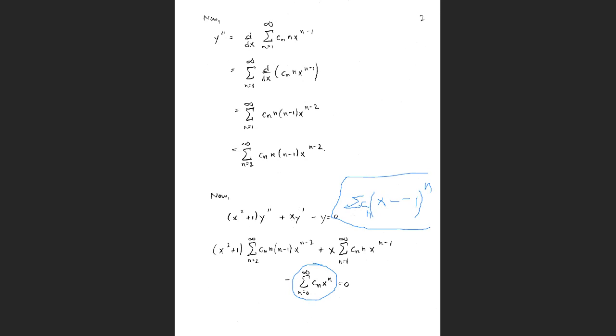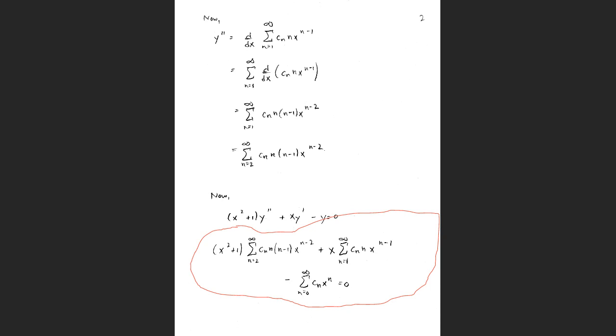All right. Now we have an equation with power series in it, and of course we want to combine the power series. But we have a complicating factor: functions that are multiplying our power series.